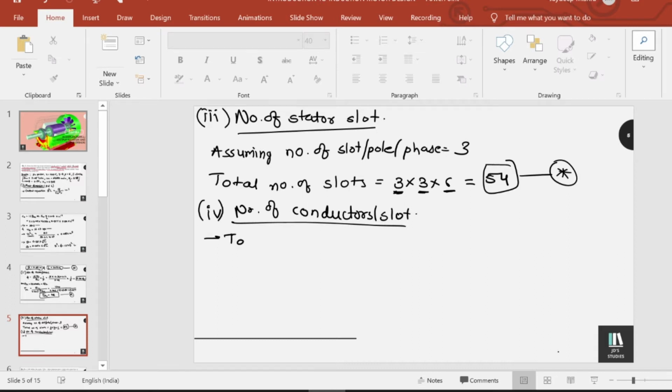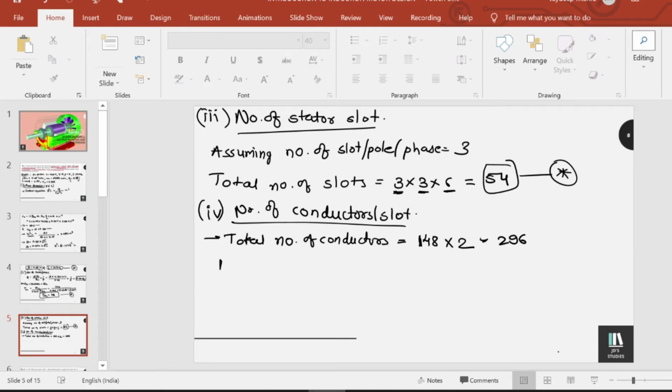Here we assume 148 turns, but one turn consists of 2 conductors. That's why we multiply by 2. So we get the total number of conductors, which is 296.